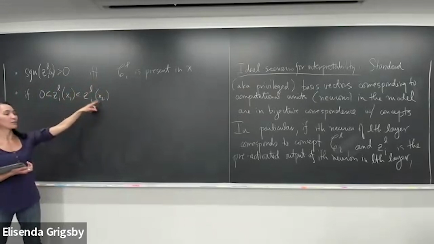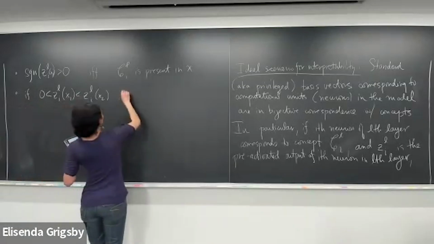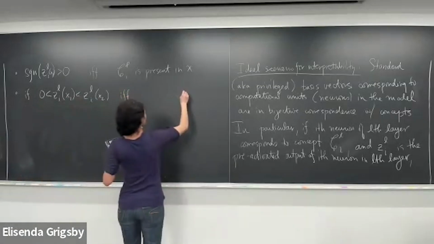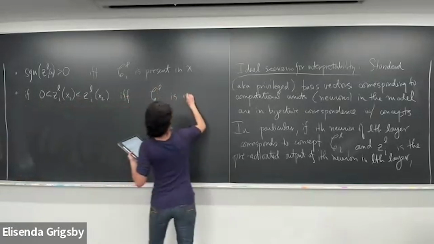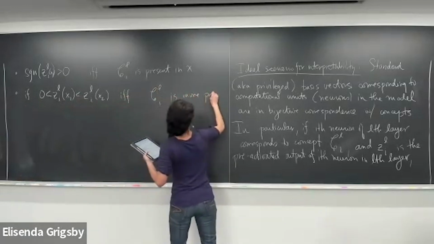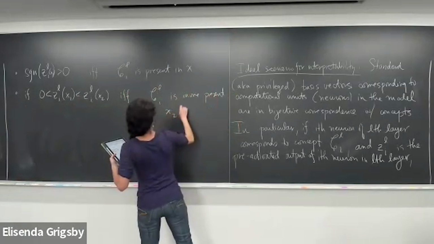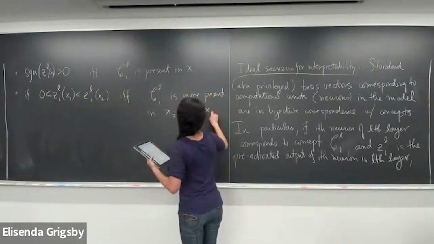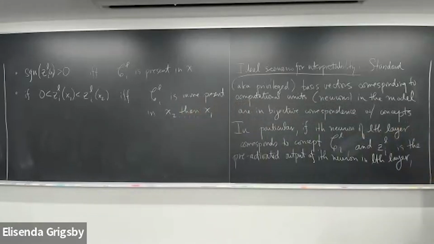You notice that this one is bigger than this one, and they're both activated. You can say something like the concept is more present in X2 than in X1, or appears more strongly in X2 than in X1.